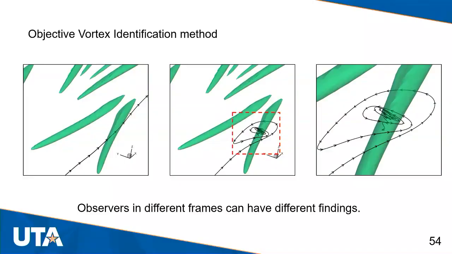But if the observer is moving with the mean velocity, you can see there is a rotation in the streamline. Of course, streamline is not a good way to identify a vortex, but this example shows you the observers in different frames may get different vortex structures, or even there is a vortex or there is no vortex.